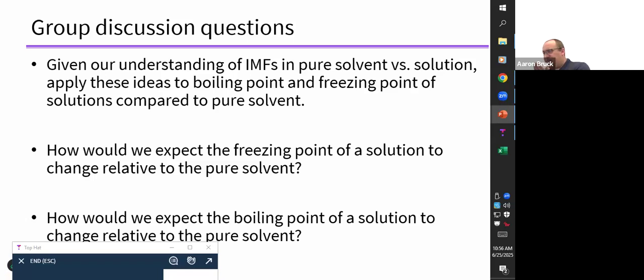So to put things away for the day, there's no Top Hat question for this. I just want to get you thinking a little bit, and this will put us in the mode for finishing up colligative properties tomorrow. And so to that end, assignment 18.2 on colligative properties, other than Raoult's law and maybe the beginnings of some of this freezing point, boiling point stuff, we're not going to really see much of it today.